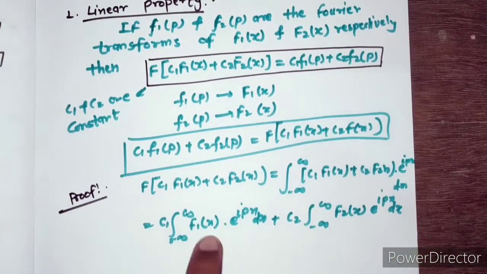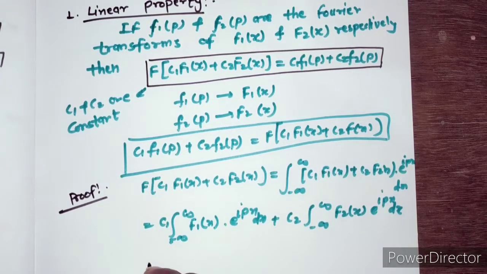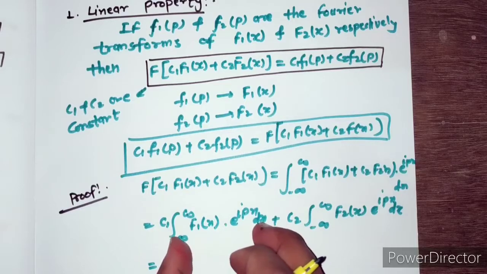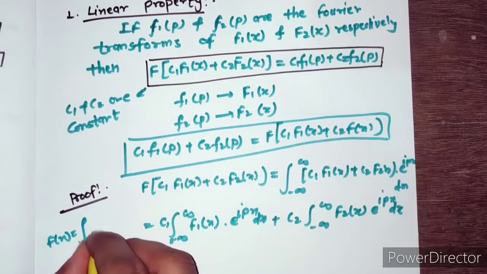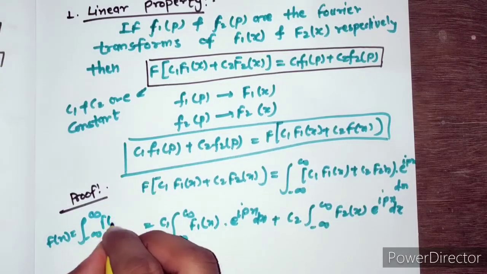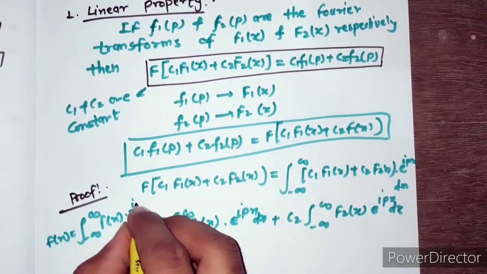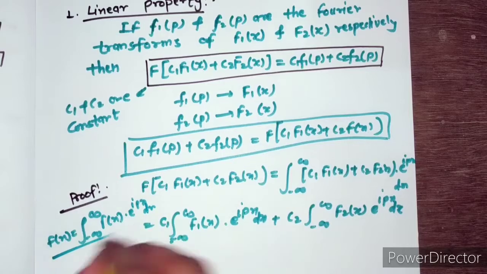How can you write this? This is f1(x), so this means c1 times the transform of this equation. Also F(p) equals the integral from minus infinity to infinity of f(x) e raised to ipx dx, also discussed in a previous video.